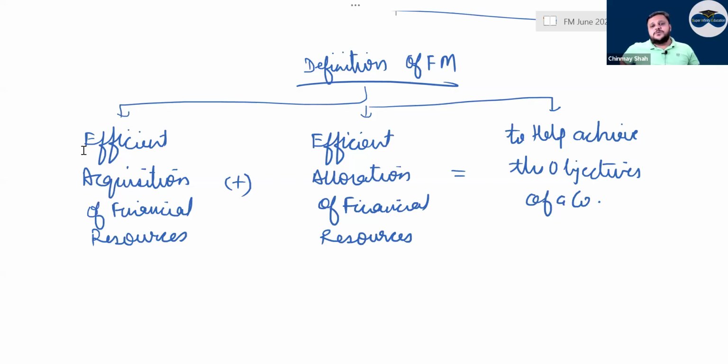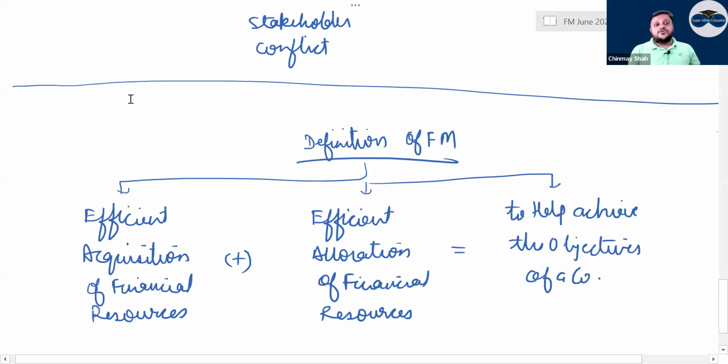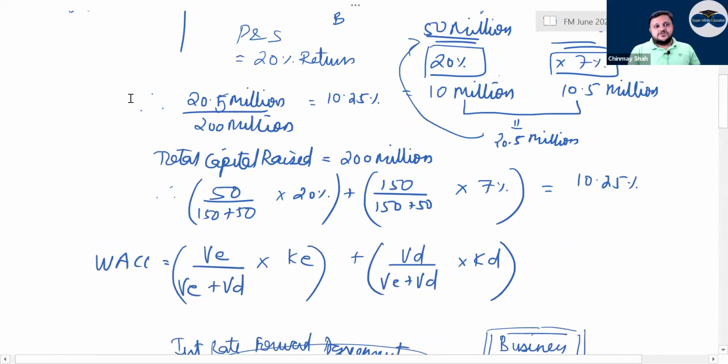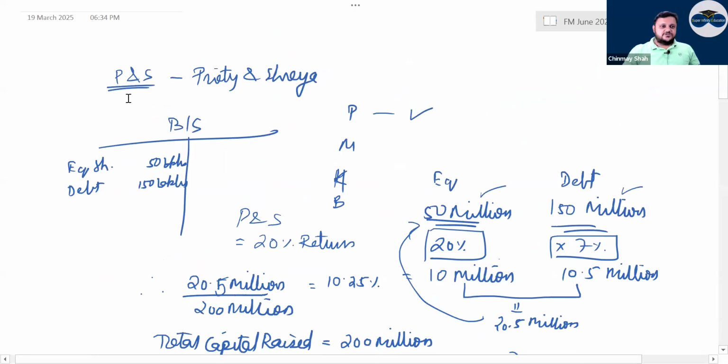Efficient allocation of financial resources. Acquisition and allocation, right? Allocation means what? Tell me. You are allocating the financial resources. Sir, you got this 200 million, correct?